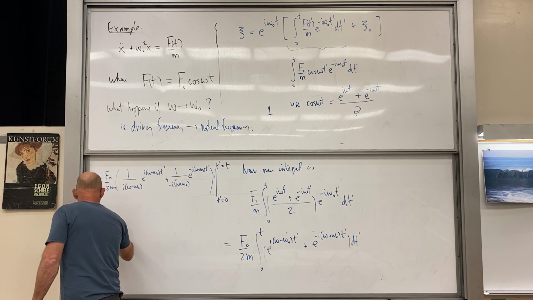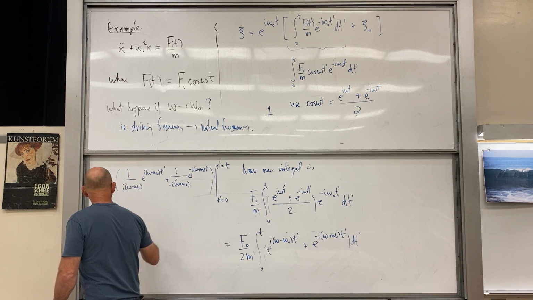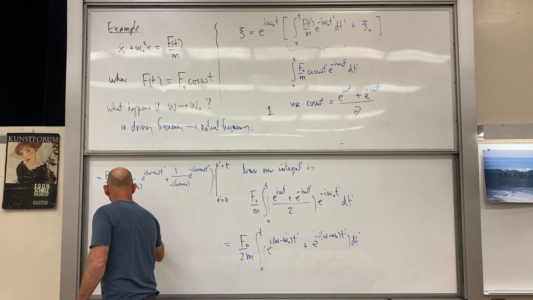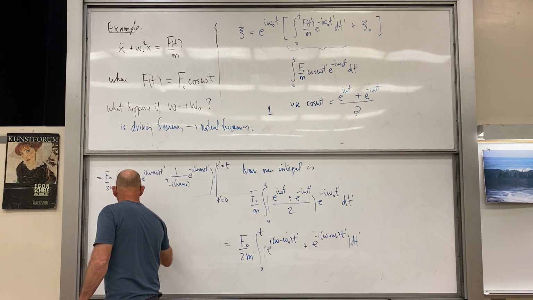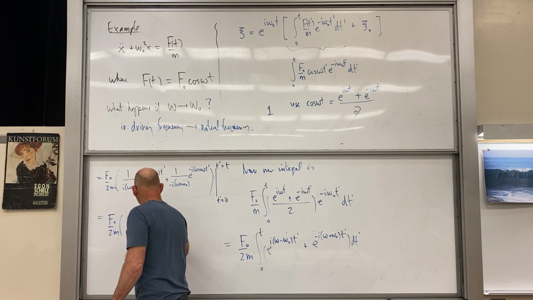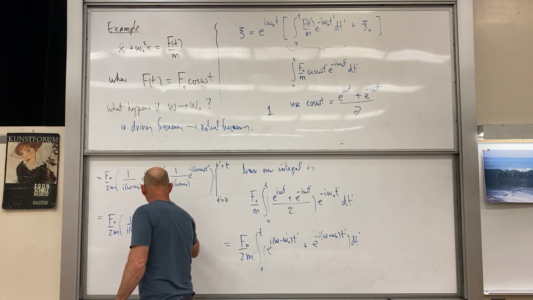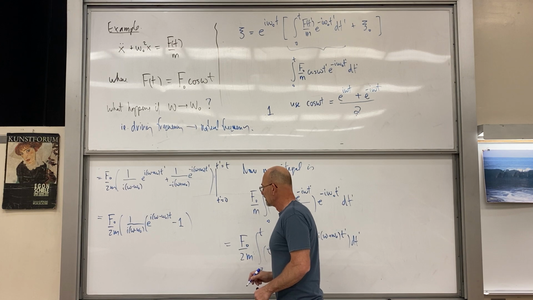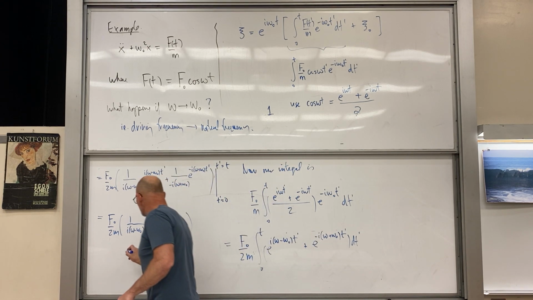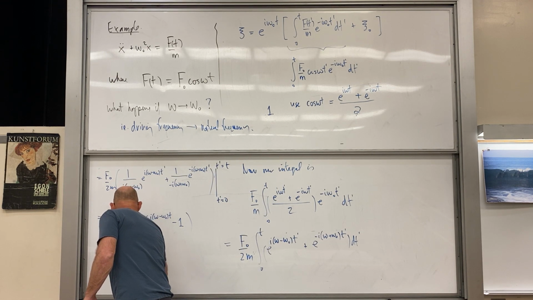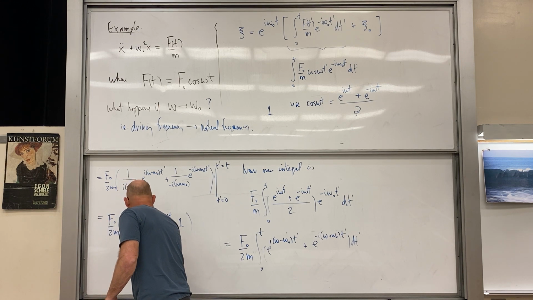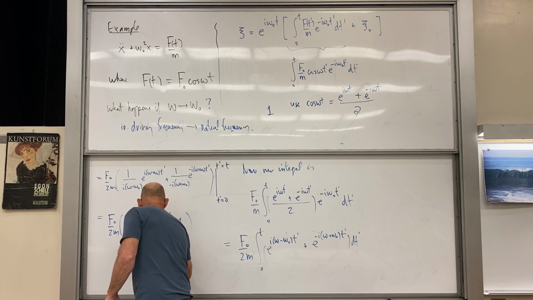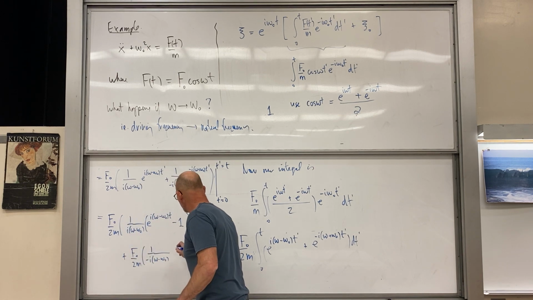So we have f naught over 2m, 1 over I omega minus omega naught, e to the I omega naught t minus 1, and then I'll just add the other one here, plus f naught over 2m, 1 over negative I omega minus omega naught, and then what do we have?